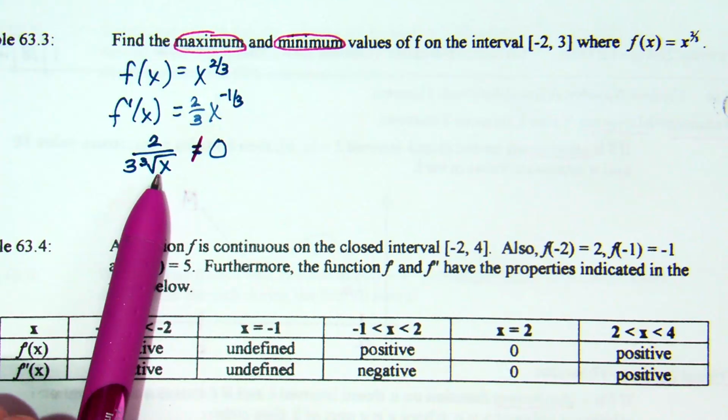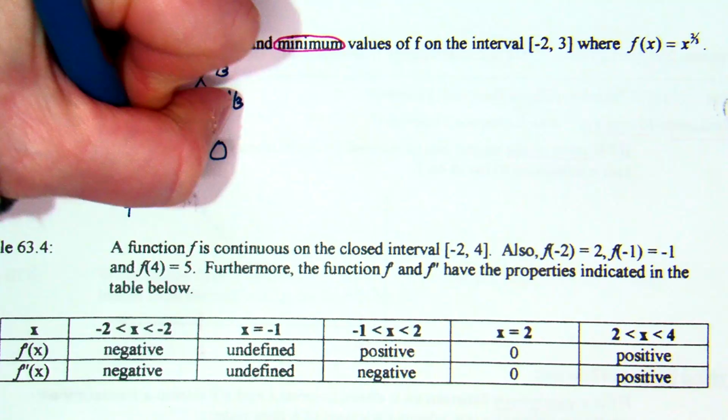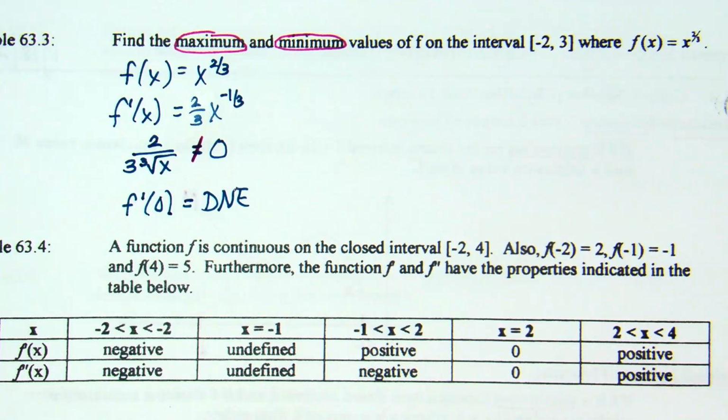However, what we do know is that f prime of 0 does not exist. Even though our derivative will never equal 0, and so we don't get a value that way, we do know, because x is in the denominator, that x equals 0 cannot work. Remember, in our critical number theorem, c could be an endpoint, f prime could equal 0, or f prime does not exist.